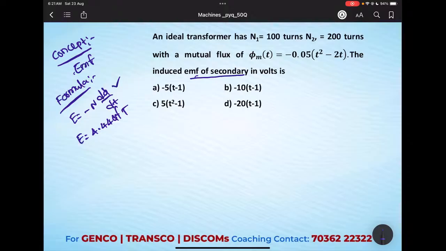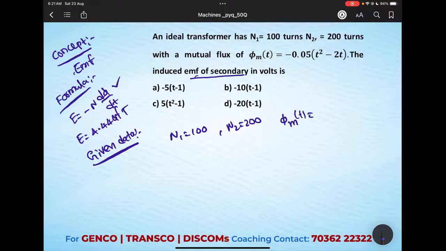Next, we will note down the given data. What is the given data? N1 is equal to 100 turns, N2 is equal to 200 turns, and mutual flux is given as phi m of t is equal to minus 0.05 t square minus 2t.